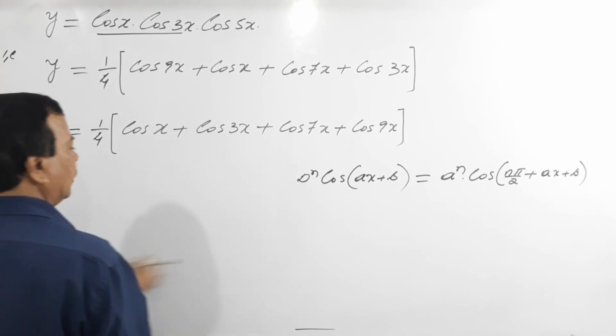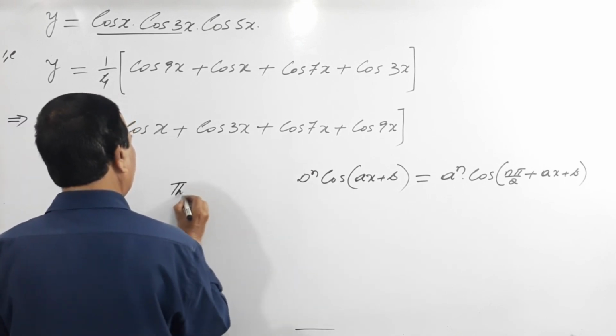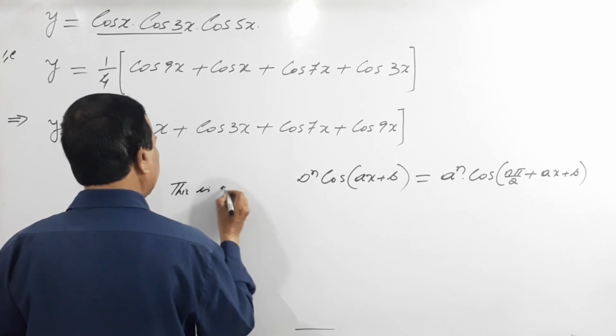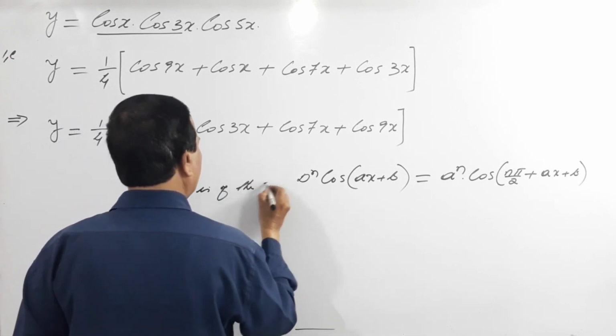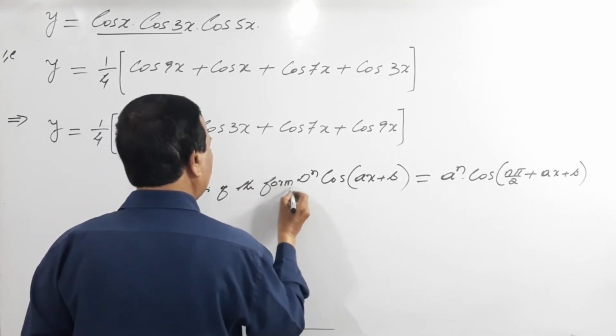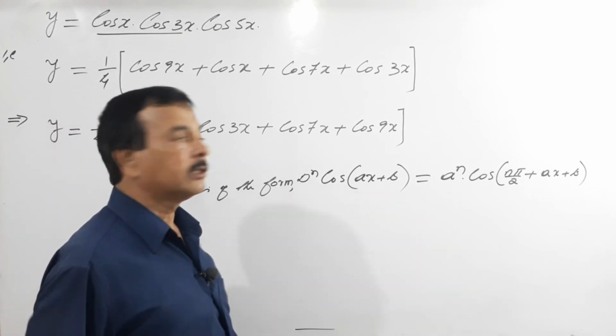I read this. This is of the form dn of cos like this.